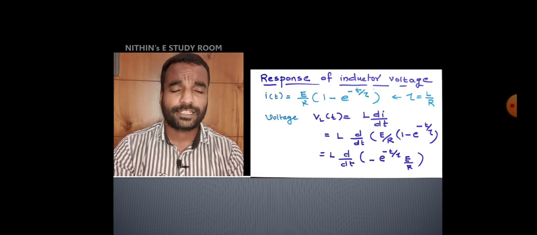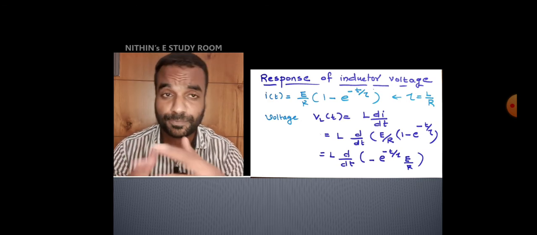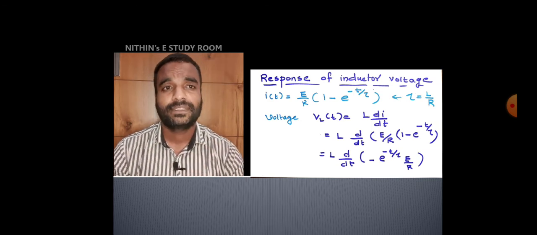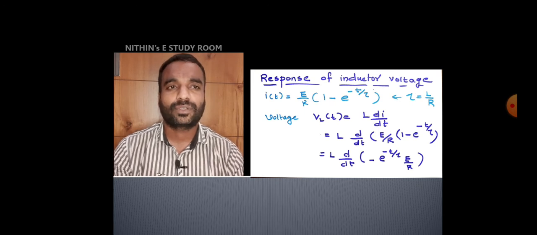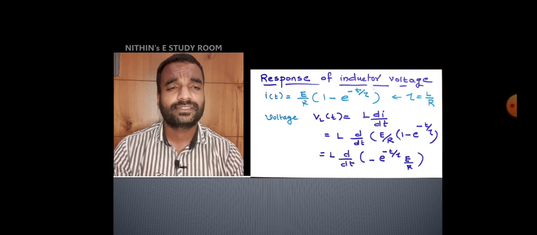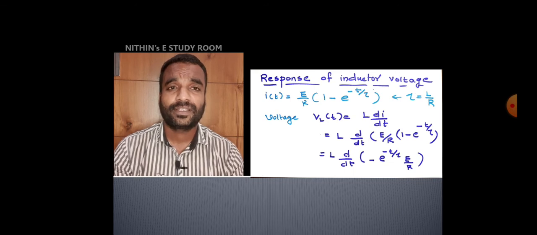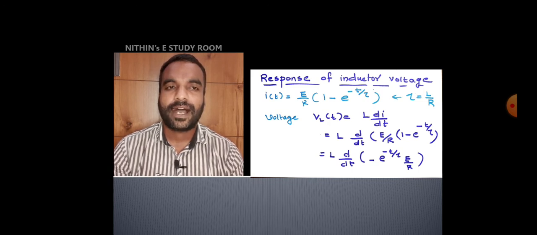Now it is the response of inductor voltage. Up to this moment we were discussing the response of inductor current. Now we want to discuss the response of inductor voltage. Now please see the current equation. There is a small adaptation. I of t is equal to E by R into 1 minus e raised to, previously it was R by L into t.